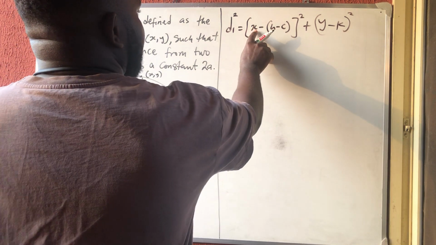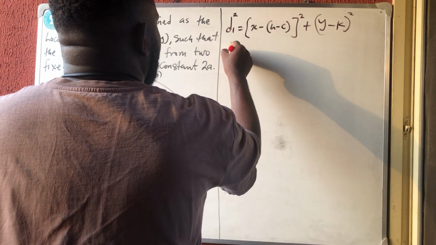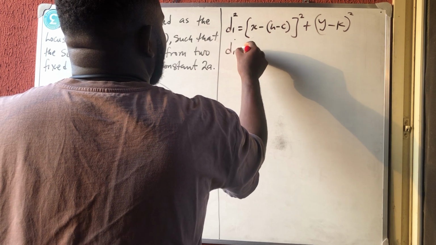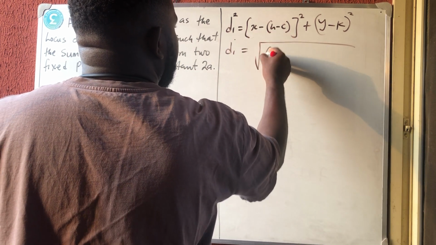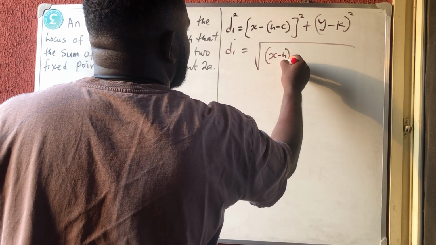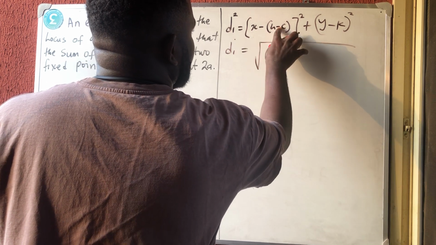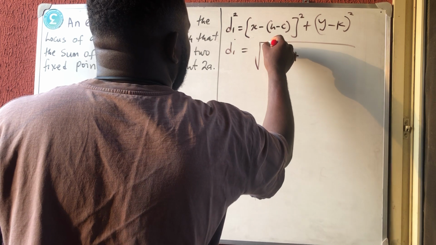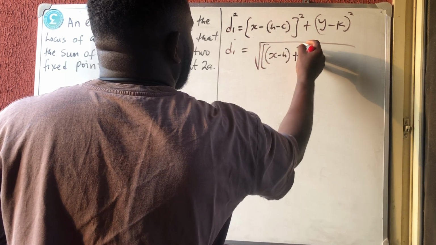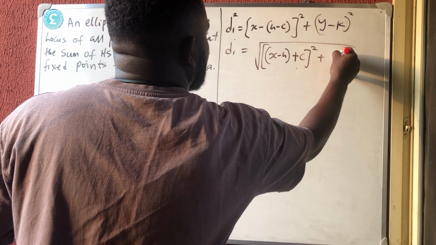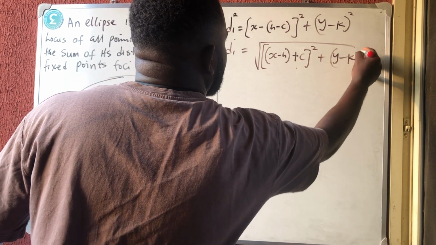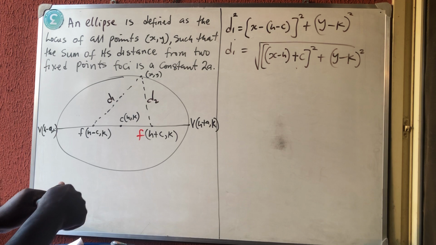You remember that h and k always stay together. So my d1 is equal to the square root of, let me put them together, x minus h together, then minus minus clears to become plus c, all squared, then plus y minus k all squared. Okay, so this is my d1.